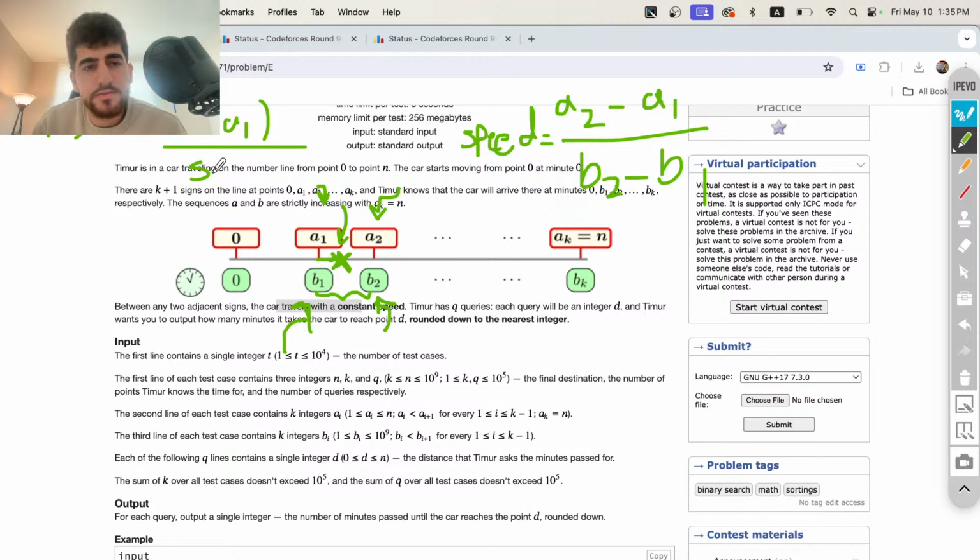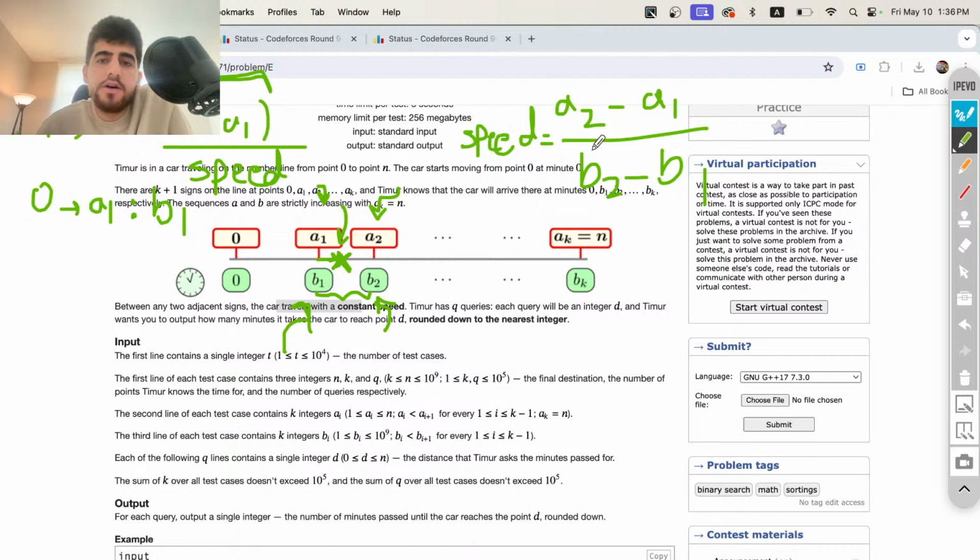I'm sorry for that. Divided by my speed. As my speed is greater, the time would be less, right? And then I can add the time that it takes to get from 0 to A1, which is going to be B1. So my formula will be like this: B1 plus x minus A1 over A2 minus A1 over B2 minus B1.